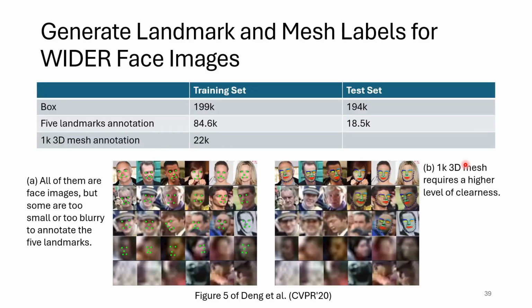They can explore some existing facial localization algorithms to create those 5 landmarks. But of course, for some low quality faces, those facial localization algorithms cannot help, so they skip them. So this is WIDER FACE. The training data has around 200K images, and they can get only 84K face landmark annotations.